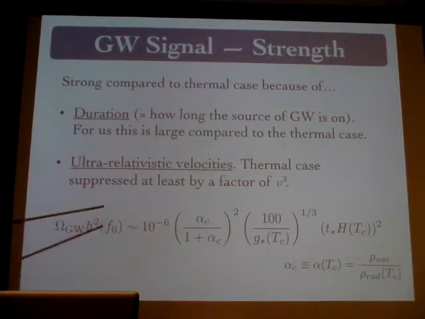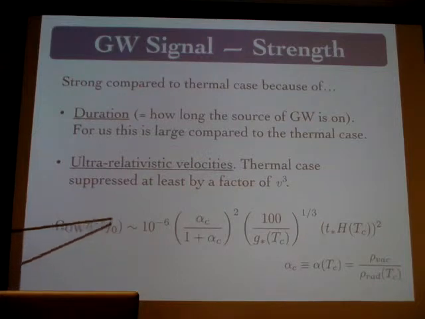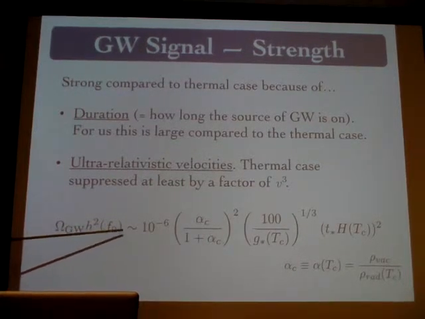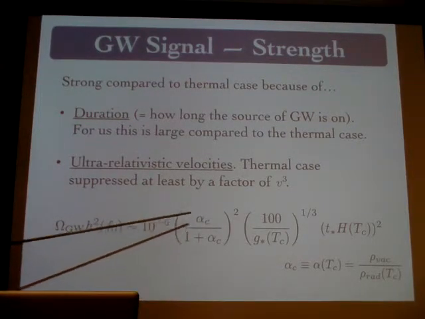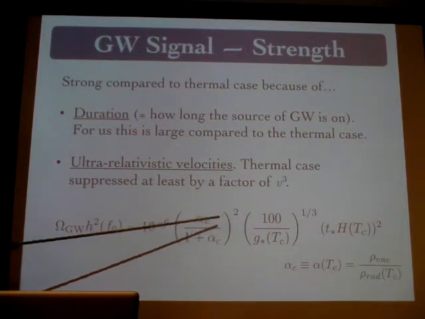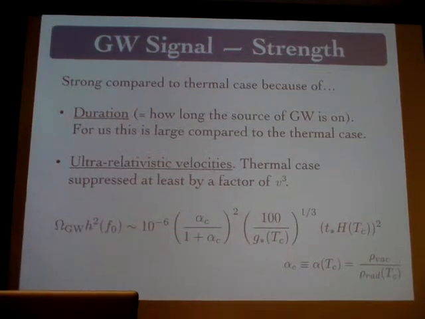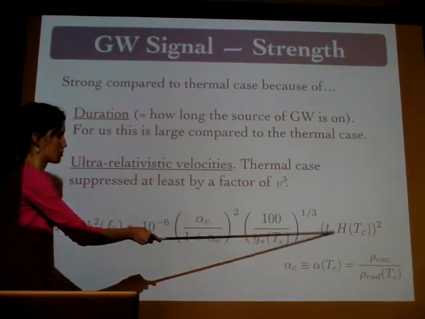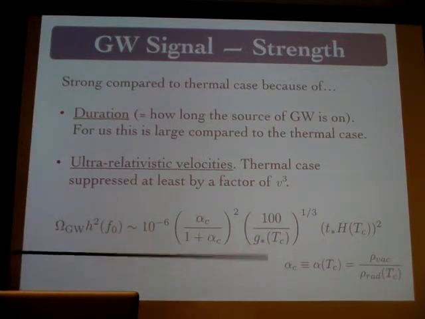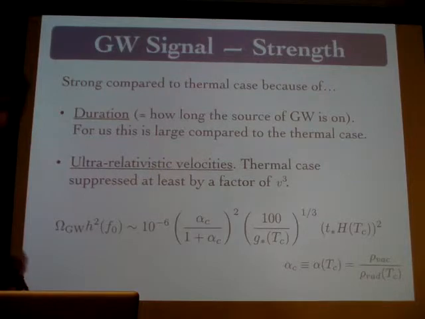So this expression just gives you roughly the strength of the gravitational wave signal, and here I'm already putting V to be 1. If I was keeping my factors of V, then I would find at least a suppression of V cubed, as I said before. And then obviously, the longer this duration of the transition, the stronger the signal.